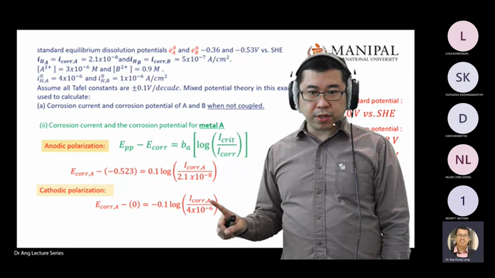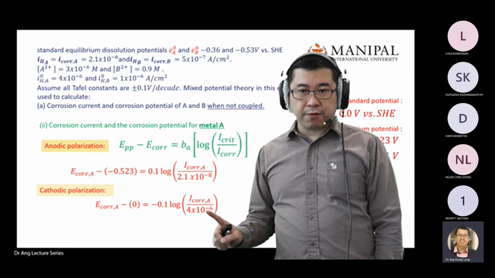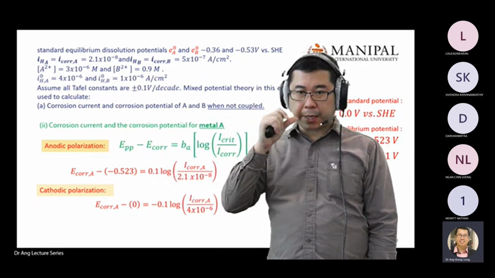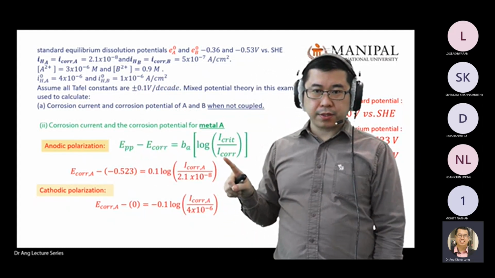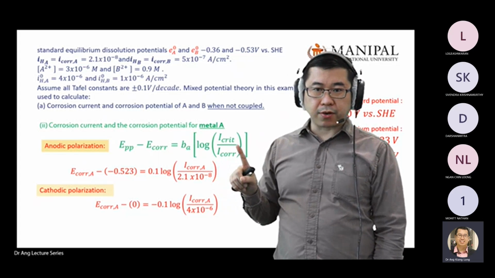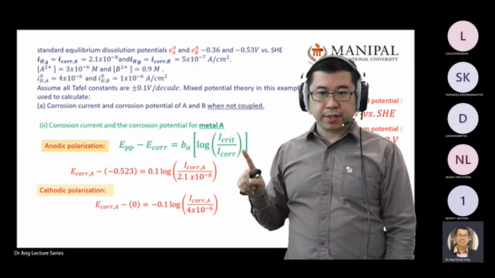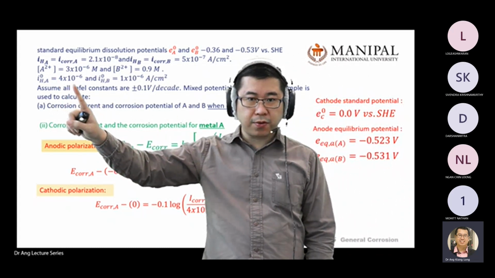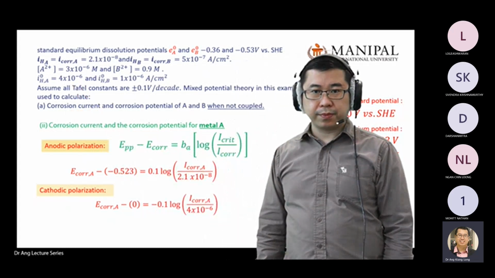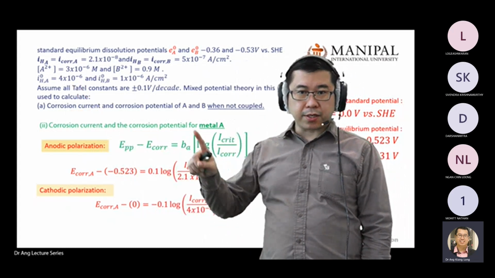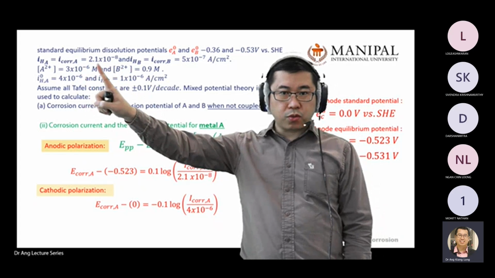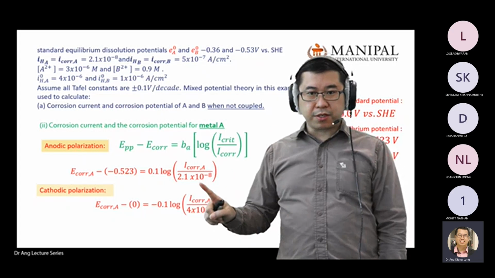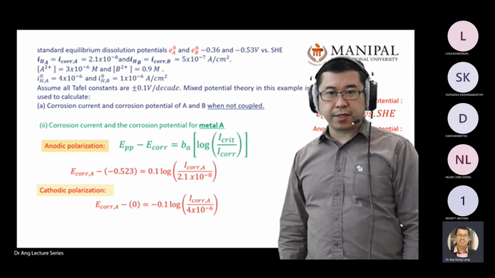Only the I critical for cathodic here is 4. Then this one is 2 point something. I hope you can see the differences between anode and cathode value here.